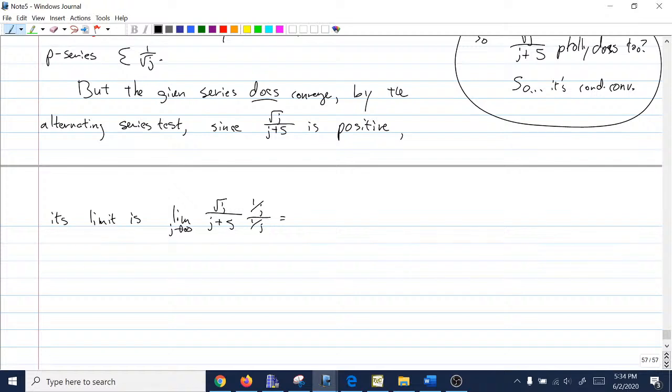Saying 1 over infinity is bad form. Saying 0 over a constant is good form. With 0 over a constant, I don't have to touch the infinities. So this is the better way of writing that. This is 1 over root j over 1 plus 5 over j. This limit is 0 over 1 plus 0, which is 0.